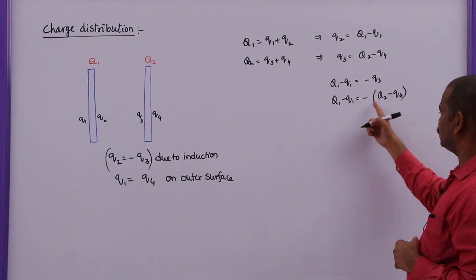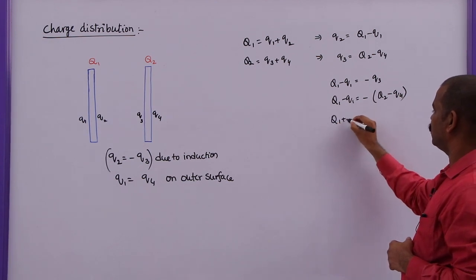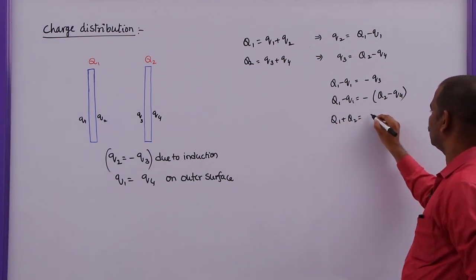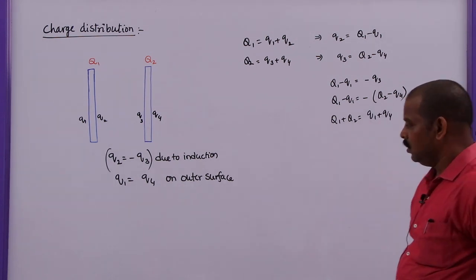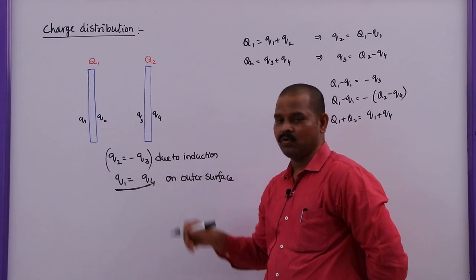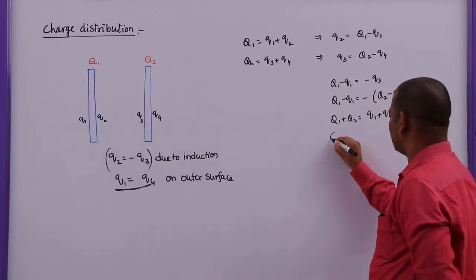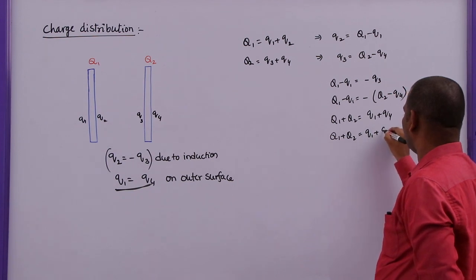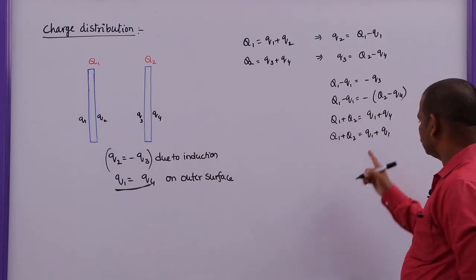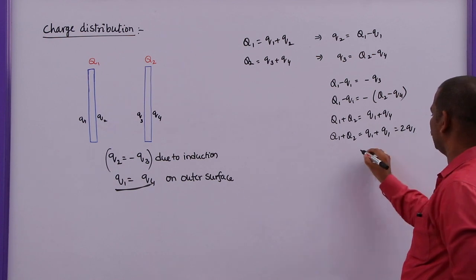So if you bring this minus Q2 to this side, this will become Q1 plus Q2 is equal to, this will become q1 plus q4. We know that q1 is equal to q4, that means both are the same. So we can write Q1 plus Q2 is equal to small q1 plus small q1. So this is 2 small q1.